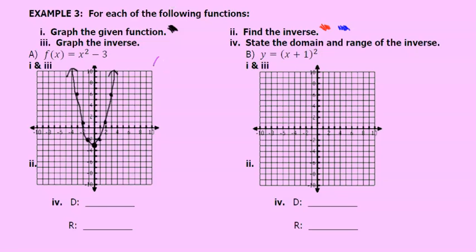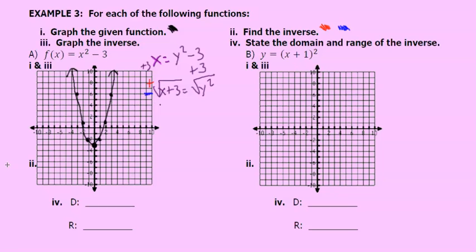So we have x equals y squared minus 3. Add 3 to each side. X plus 3 equals y squared. Take the square root of each side. You could have a plus or a minus here.